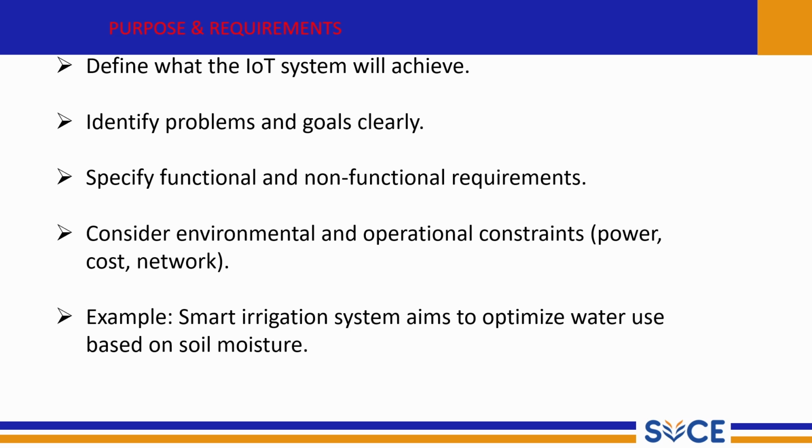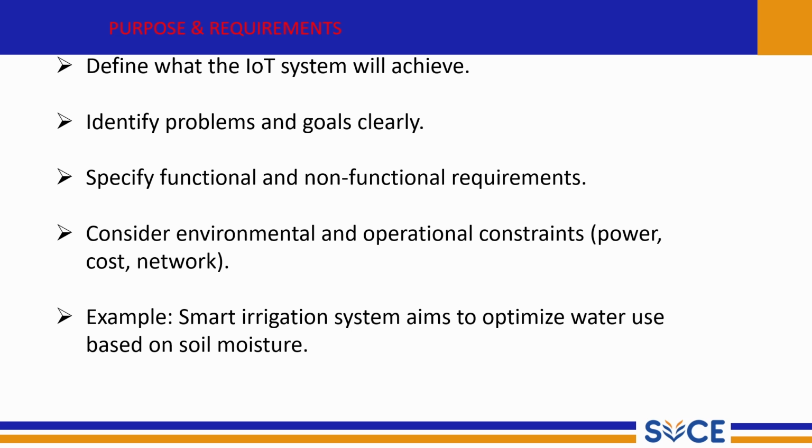So here we define what the IoT system will achieve. We have to define what IoT system we are going to design, for example a smart automation or irrigation system, identify the problems and goals clearly, and specify the functional and non-functional requirements.